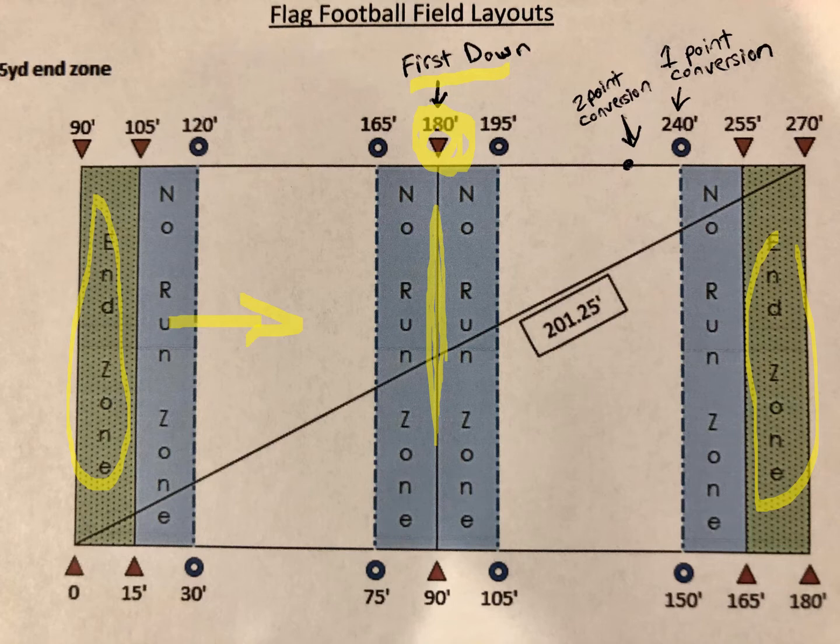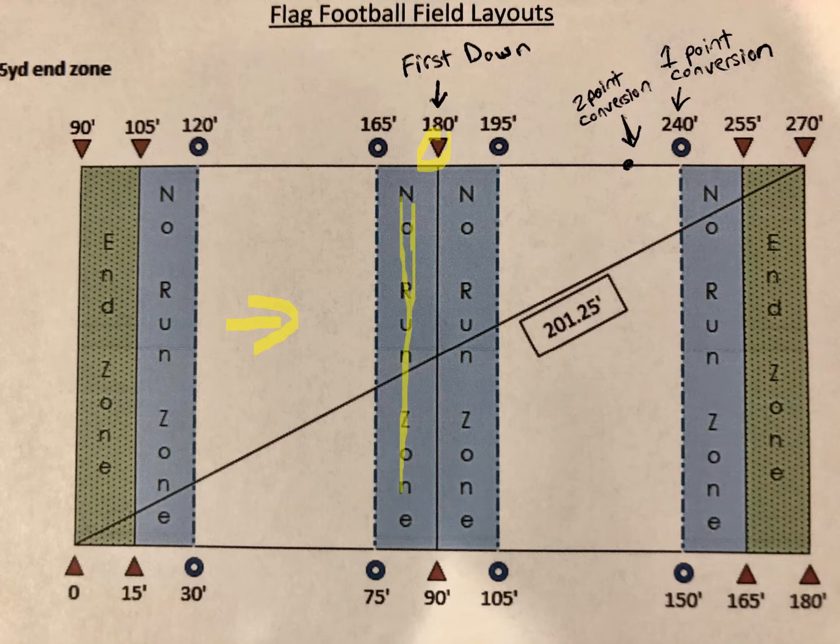Running and passing plays are allowed, although there are no run zones. If a team, let's say they're going this way to get a first down, is within this area of a no run zone, that means they must pass the ball to get a first down. Same if they make it here, before the end zone, with the ball within this no run zone: they must pass to score a touchdown.